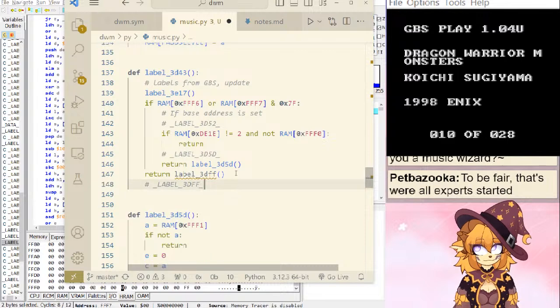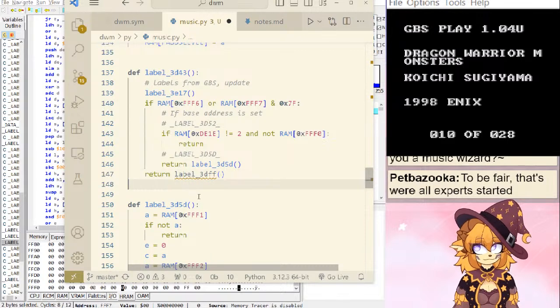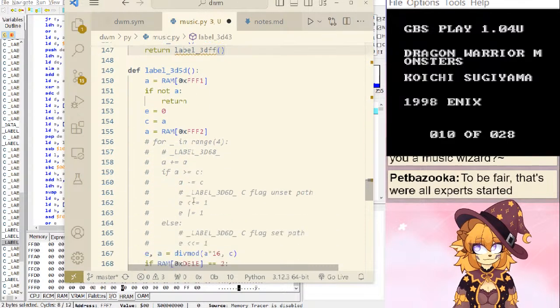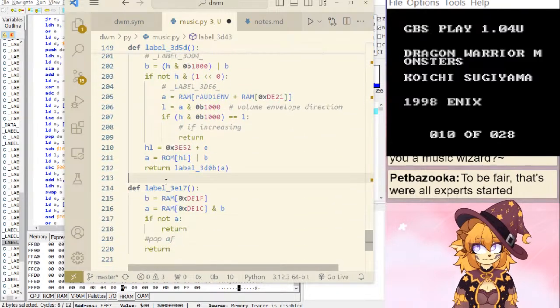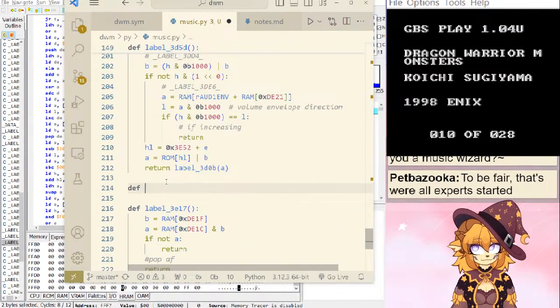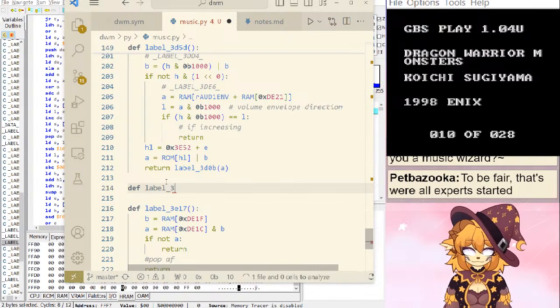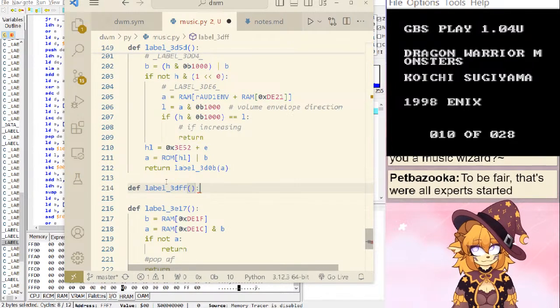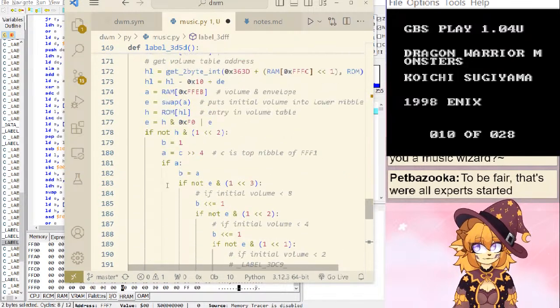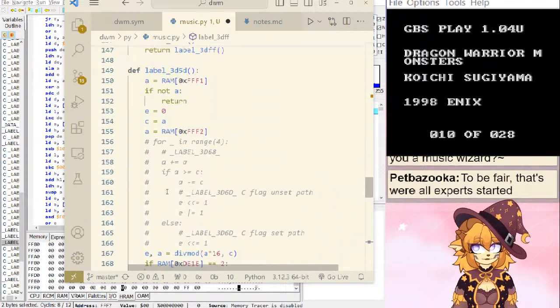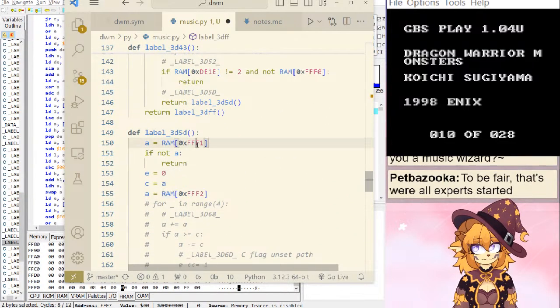And copy this. Label 3D FF. Does this need an A or anything, by the way? I don't think so.